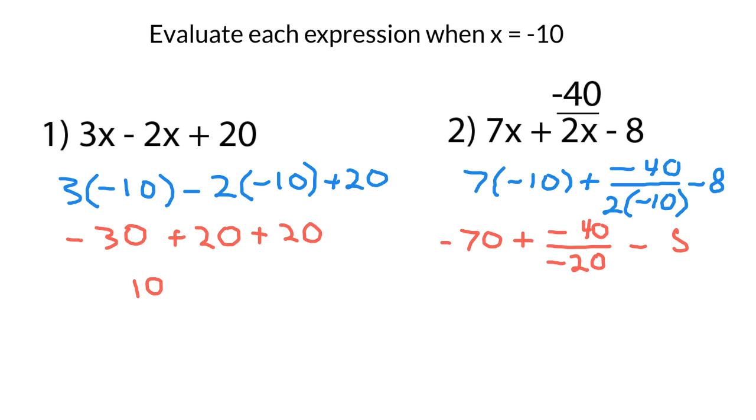Subtract 8. Rewrite this one more time. -70 plus -40 divided by -20 makes 2. Subtract 8. And then -70 plus 2 makes -68. -68 subtract 8 will give us a final answer of -76.